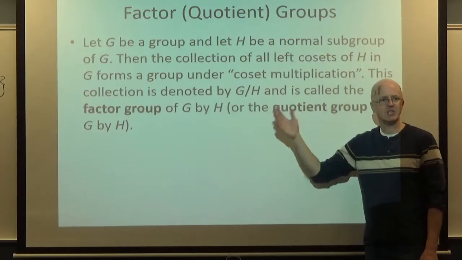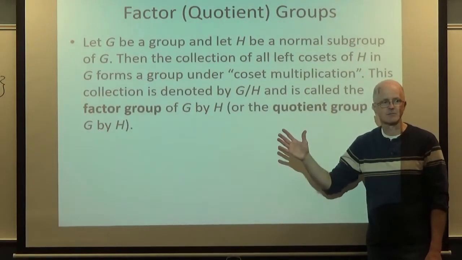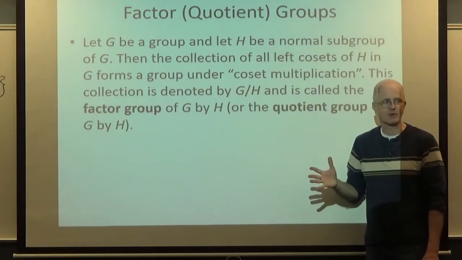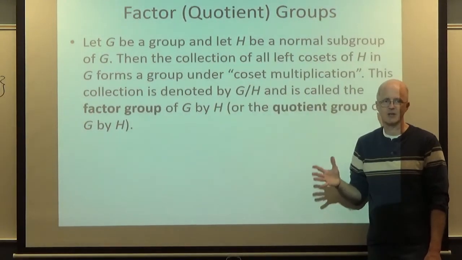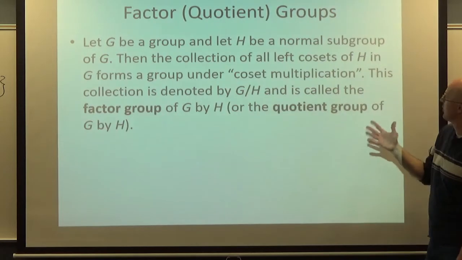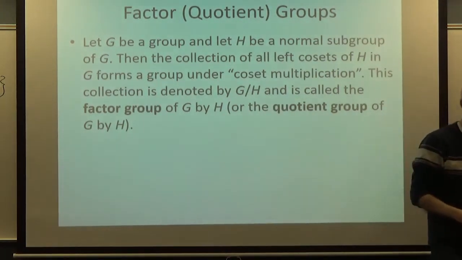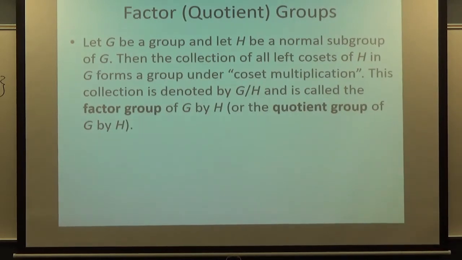In general, even if G and H are not related to the integers, people often still say G mod H for short. But if you don't like that, you can always say it in a more wordy way. That's the factor group of H in G, or the quotient group of H in G, or as the textbook says, the factor group of G by H. That seems a little strange to me. I typically say H in G.